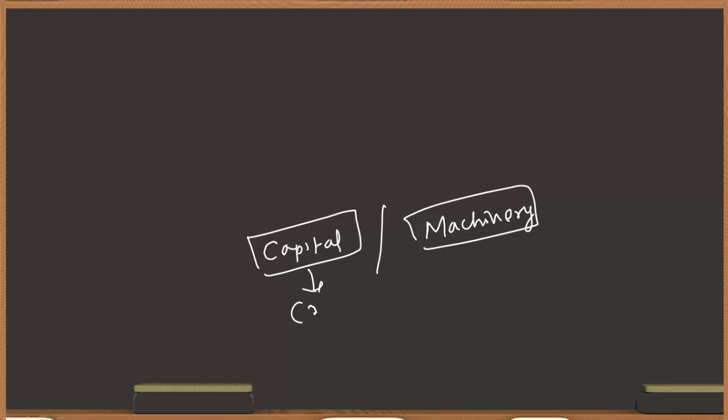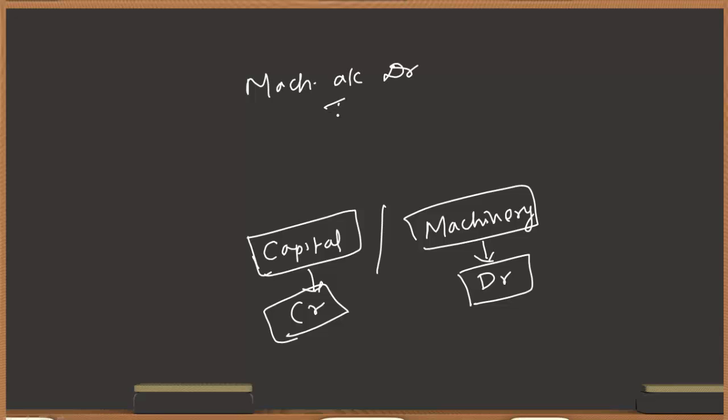So it will always have a credit balance, and machinery is an asset, it will always have a debit balance. So debit what comes in machinery, and capital credit the giver of the benefit, capital whomsoever have contributed, that is the partner's capital.